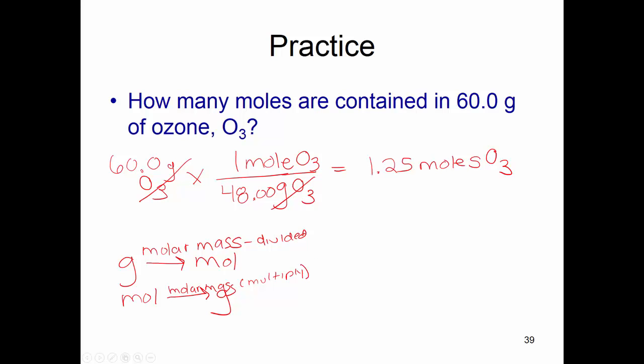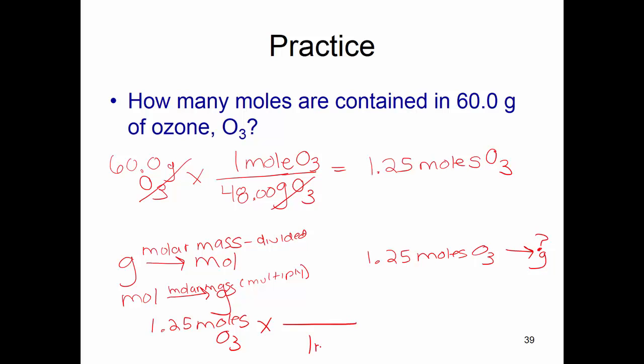So we're just going to pretend that we're in the problem. We were told we have 1.25 moles of ozone and we want to convert to grams. So we're going to get the same answer that's up there, but just for practice purposes. So if we were given moles, then that means mole has to be in the denominator here.